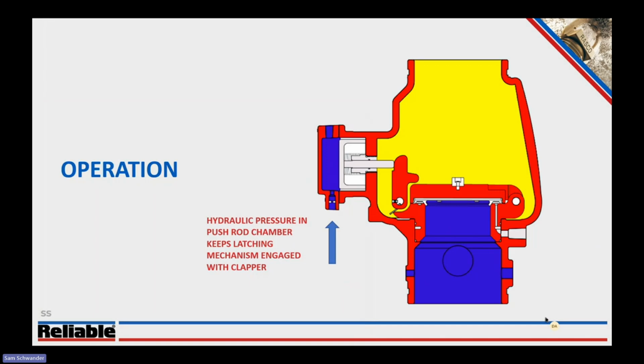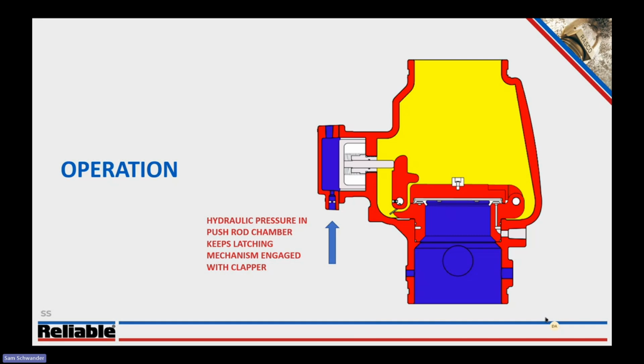So real quick, just to highlight how the DDX valve operates. The same water supply pressure that's going to be serving our system, we tap off and pipe to what we call a push rod chamber. We're putting hydraulic pressure into this push rod chamber, which forces a push rod into the valve body, acting against the latch, which holds the clapper shut, hence the mechanically latching clapper style valve.